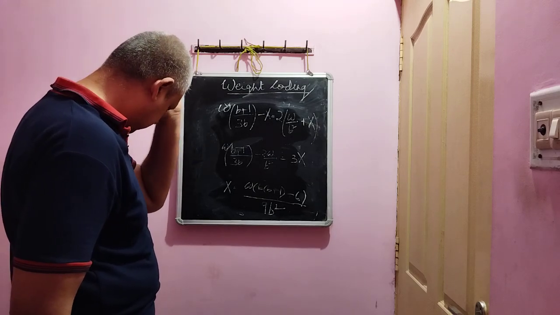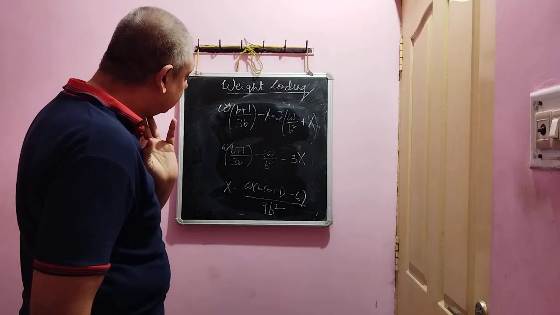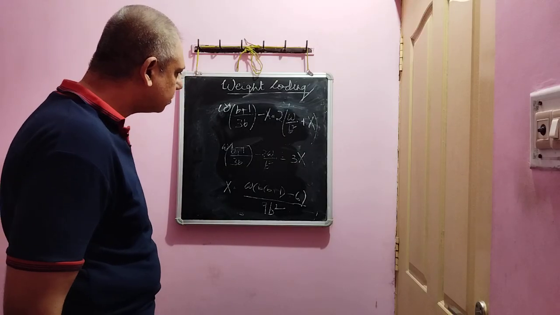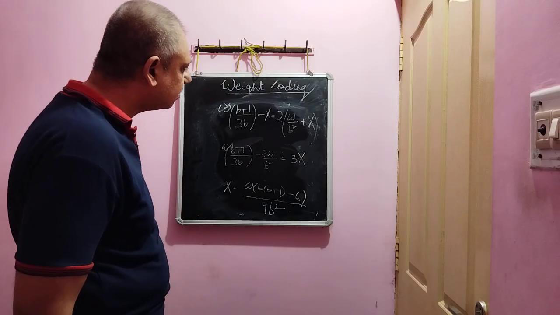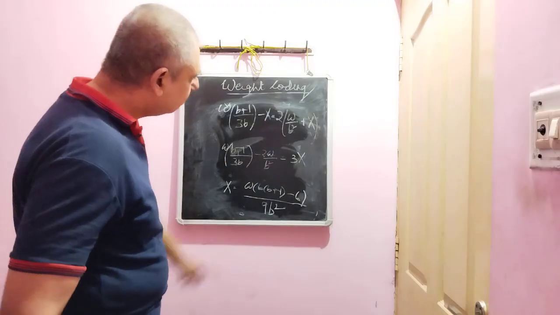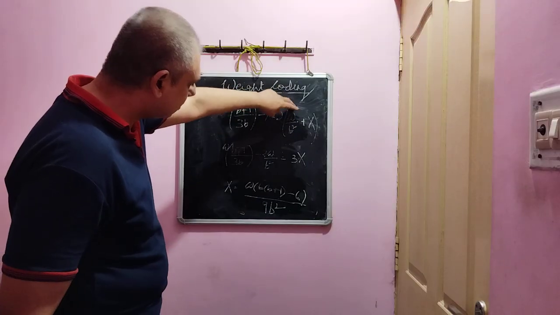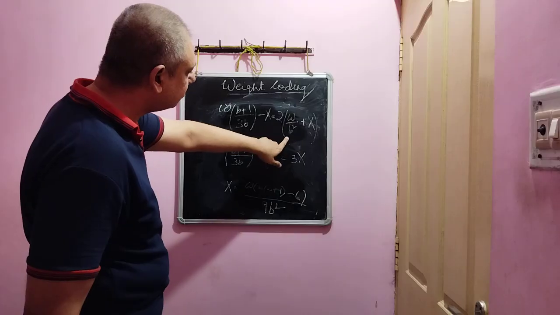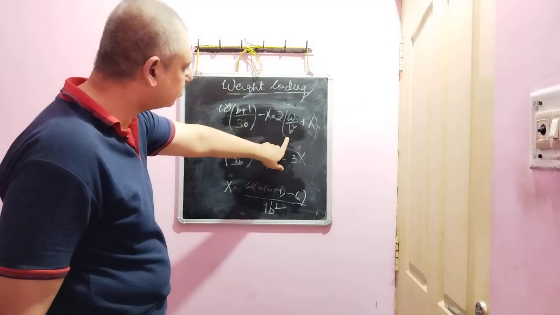So this is the value of WL minus 3, which is the initial value of WL. This is the quantity that must be added to WL minus 3, which is W by B square.